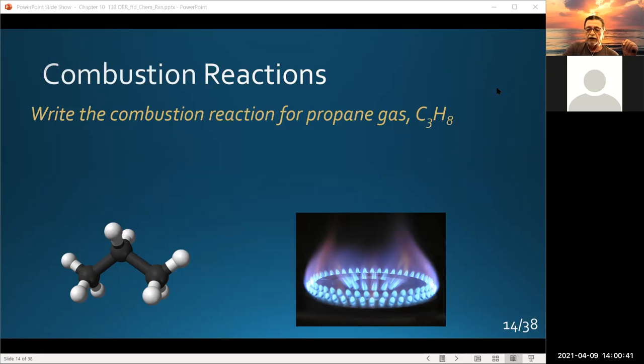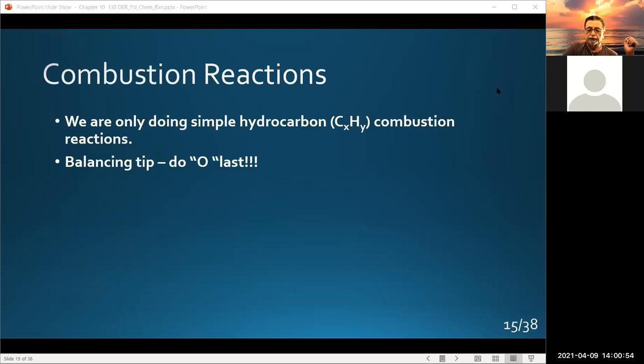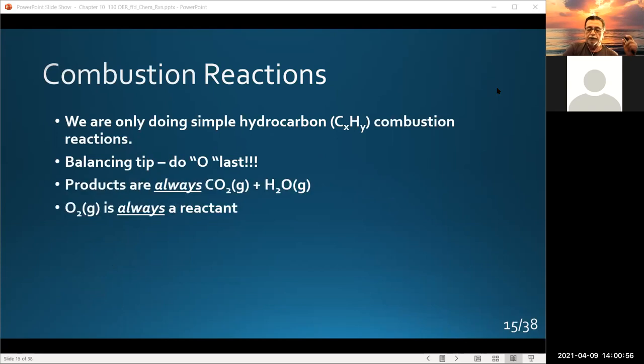And to balance it out, we have a set system. Okay. And that is carbons first, hydrogens next, and then followed by oxygens. And that's what they're doing here. Now, always remember, when we're doing a combustion reaction, we are talking about hydrocarbons, CxHy, okay, which require oxygen to burn, and the only 2 products you get are carbon dioxide and water.